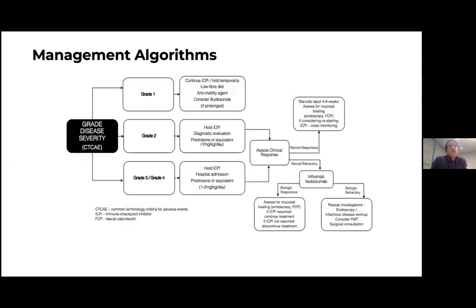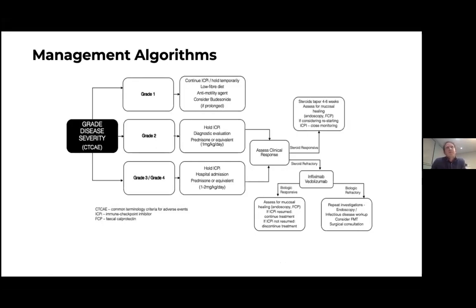And this outpatient management is typically with holding the immune checkpoint inhibitor and using anti-motility agents. So potentially even high dose Imodium or even codeine phosphate. And as I've shown you in that earlier graph, for patients with an acute severe colitis, being put on constipating agents is considered verboten.